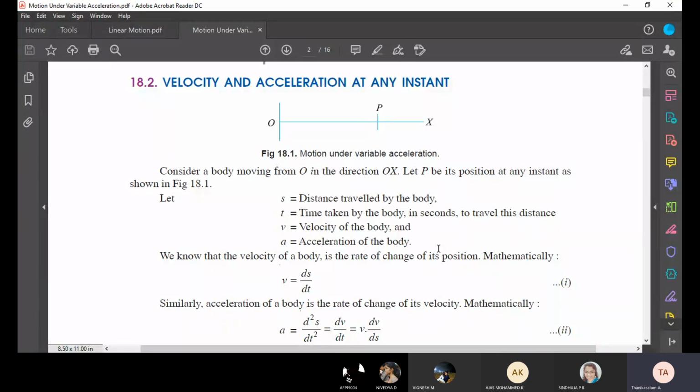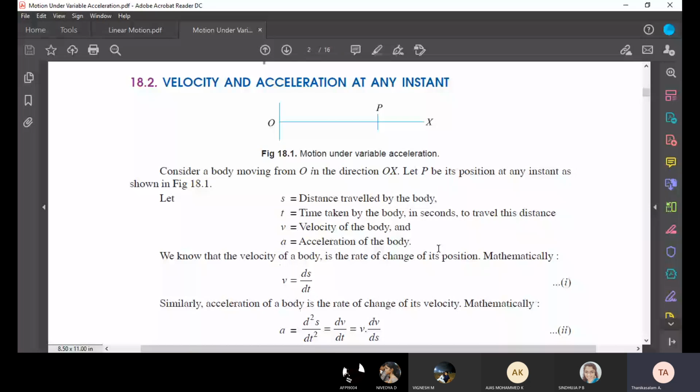Then acceleration. What is acceleration? Rate of change of velocity with respect to time. Small a equal to dv divided by dt. We know v equal to ds by dt.